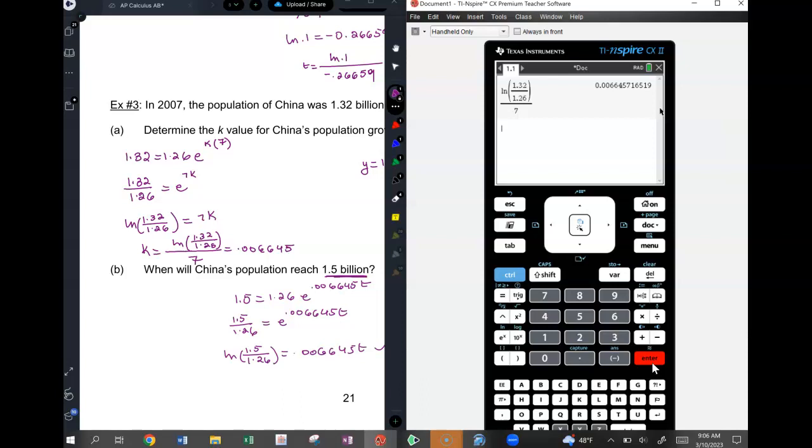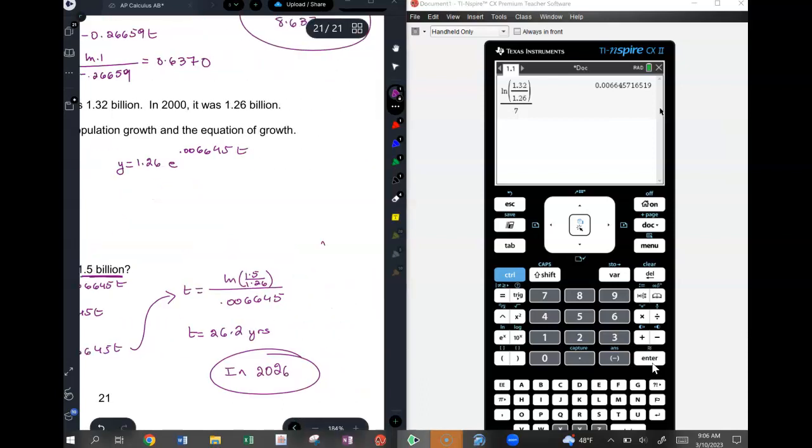And now here I want to do my final answer, right? So I have ln for this part at the very bottom here. So I want to do ln of 1.5 over 1.26, and I want to divide this by the k.